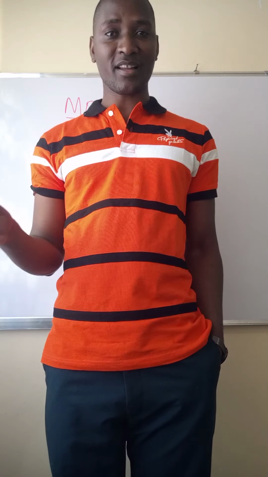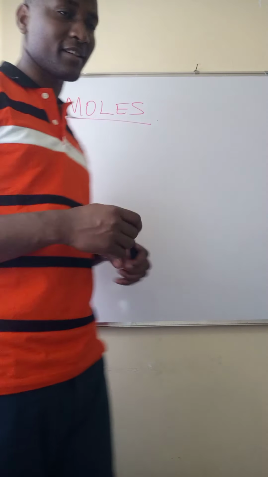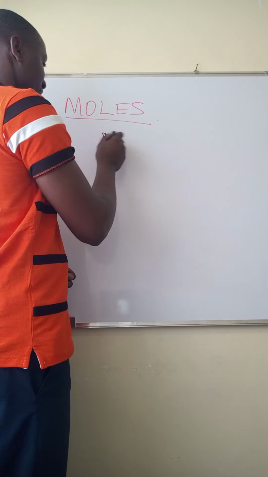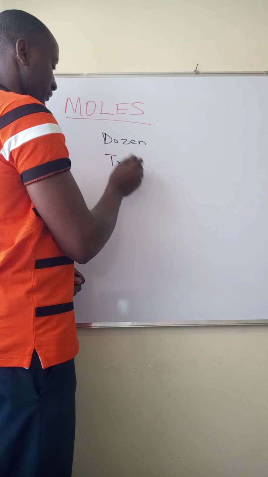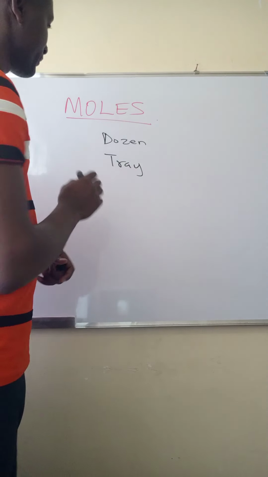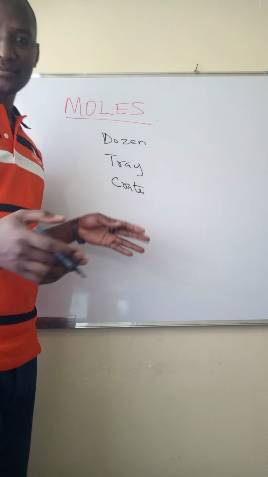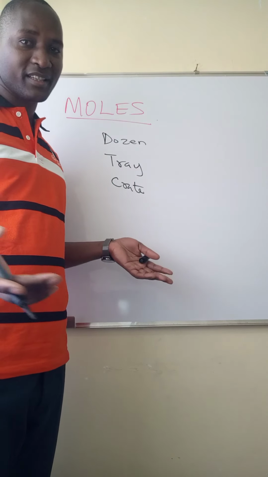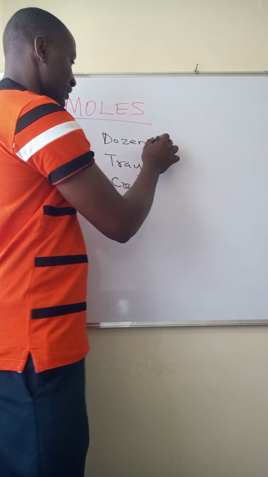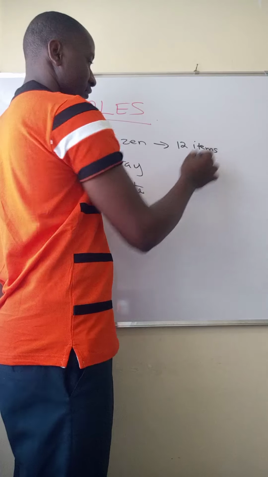I know in real life we are used to things like dozen, tray, crate, etc. They are simply collections of stuff. So if somebody tells you something like dozen, this means something that is containing 12 items.